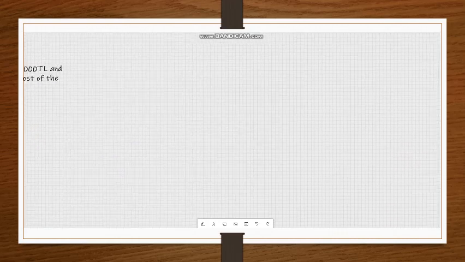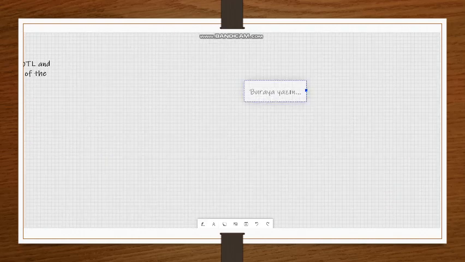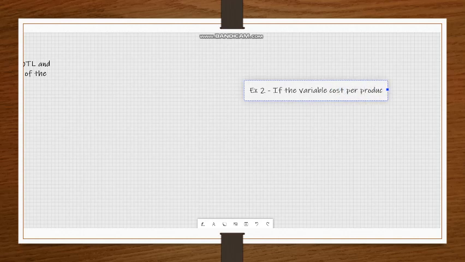Let's continue, example 2. If the variable cost per product is 50 Turkish lira and total fixed cost is 150,000 Turkish lira.